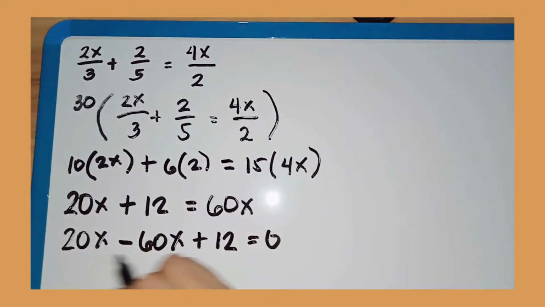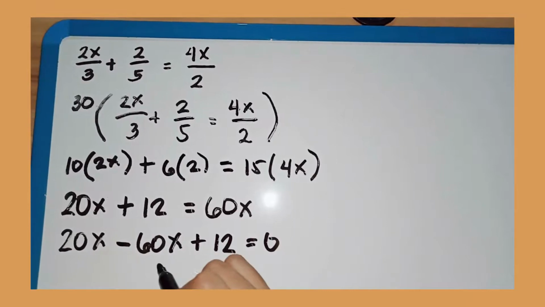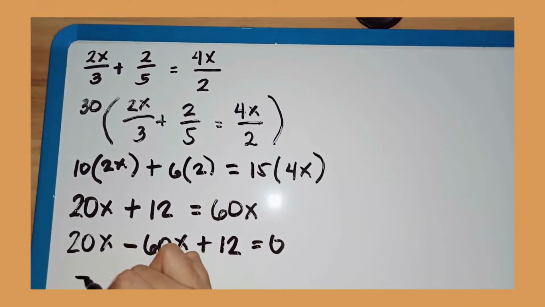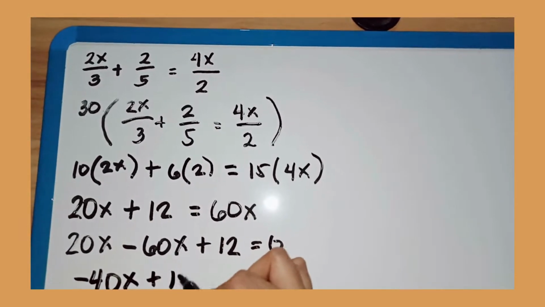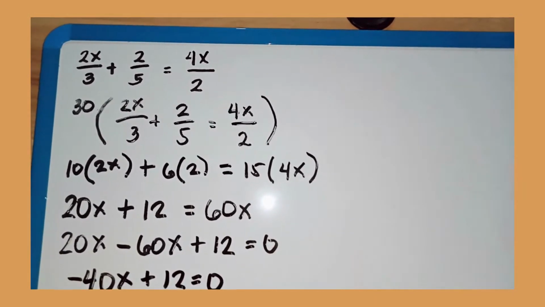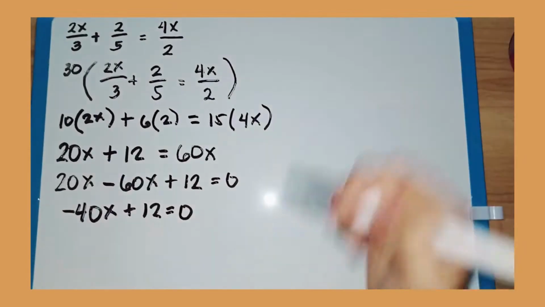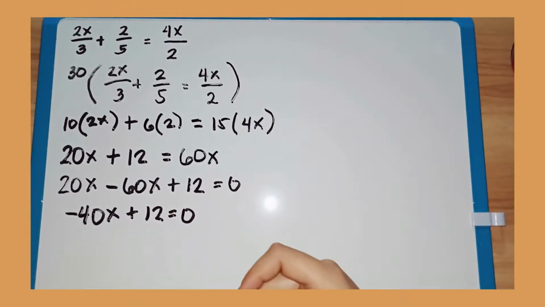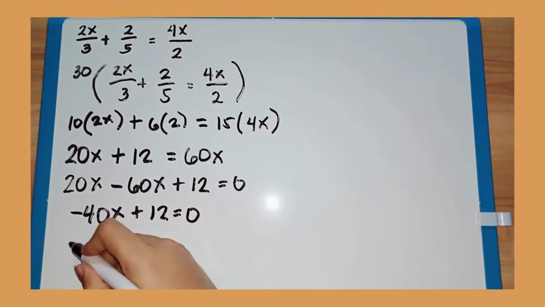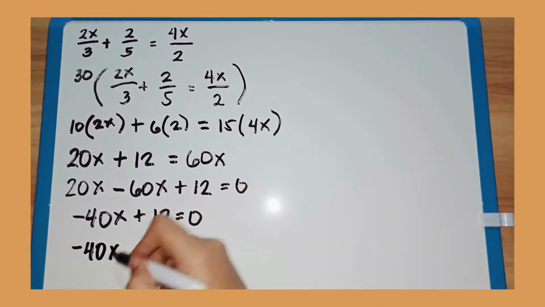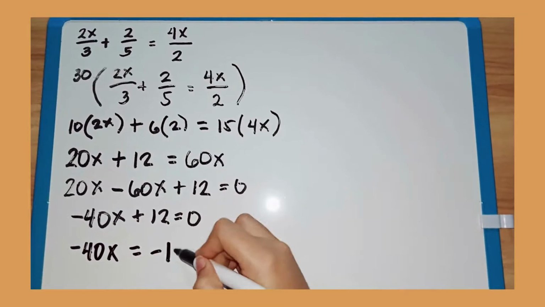Then, we subtract. 20x minus 60x, that is negative 40x. Copy the rest of the equation. Then the 12, from positive, moves to the other side and becomes negative. So, this is negative 40x is equal to negative 12.